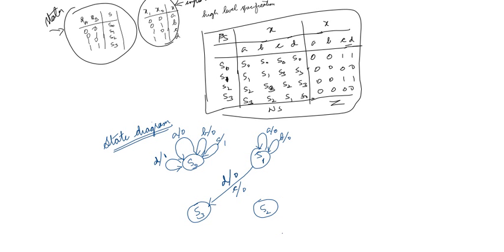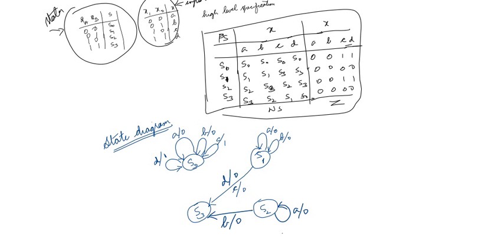Now we are in which state? S2. When the input is A, we go to the same state S2, output is 0. When the input is B, to which state do we go? We go to S3. What is the output? Output is 0.